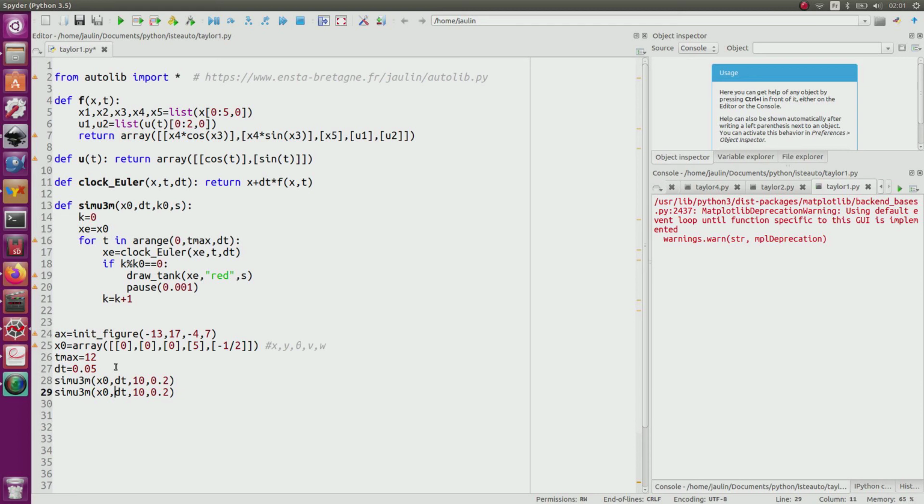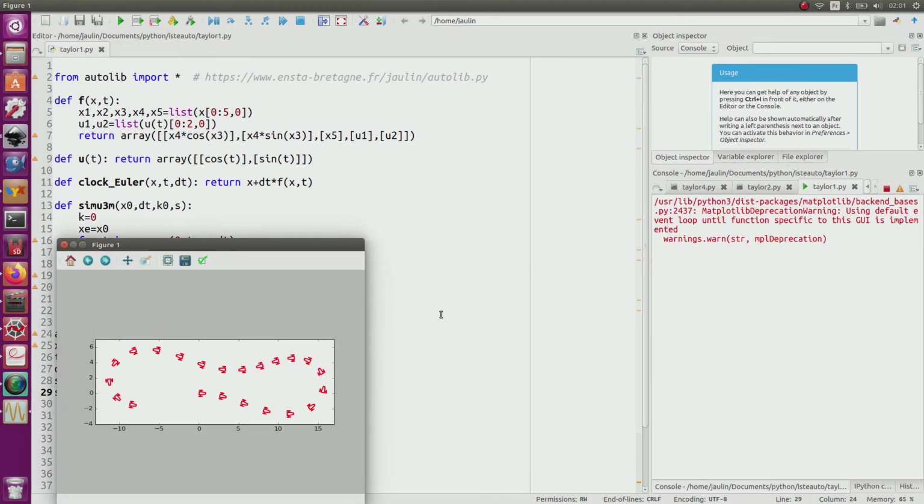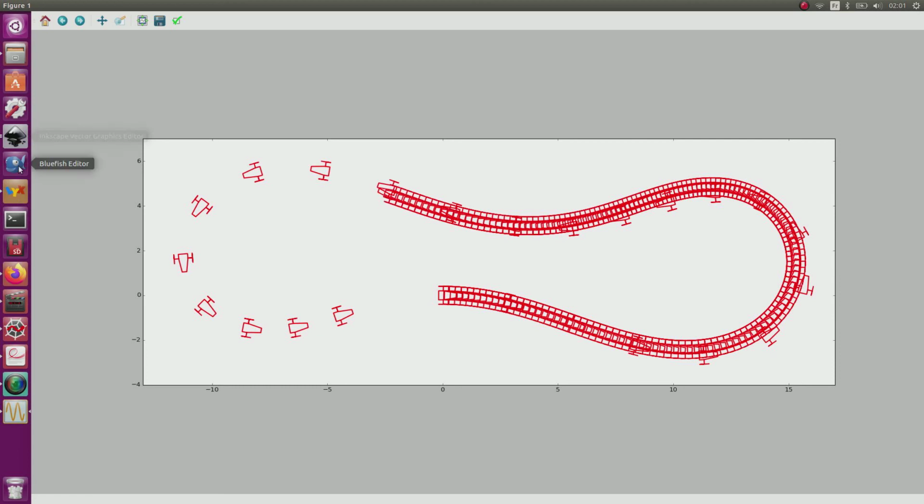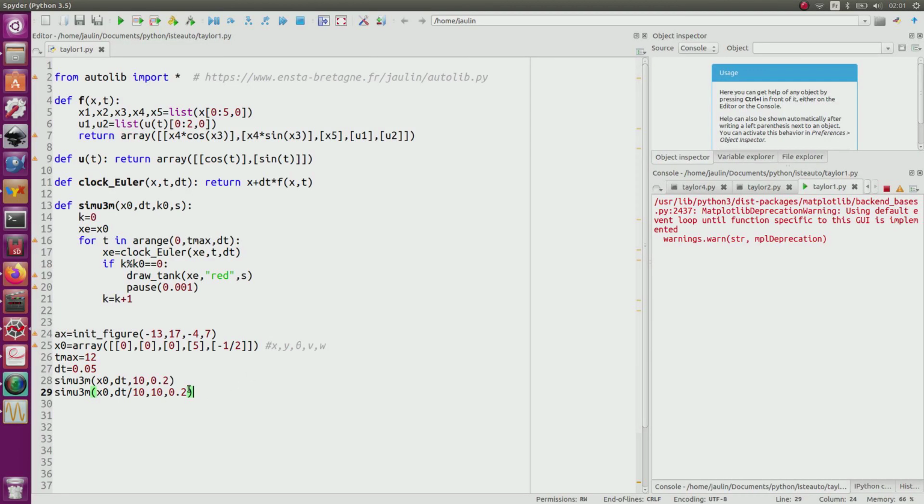Instead, I will divide by t to have something smaller like this, and normally I should get the same trajectory if the integration is accurate. So I run the program, and everything superposes. That's why here I will put smaller, like this, for instance.